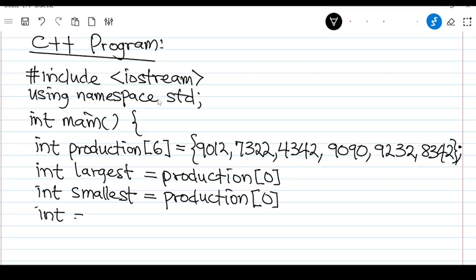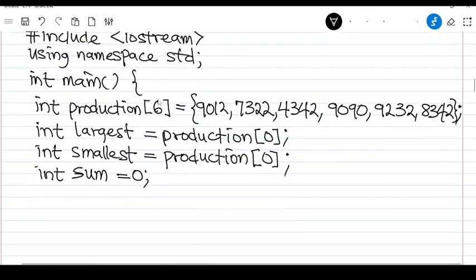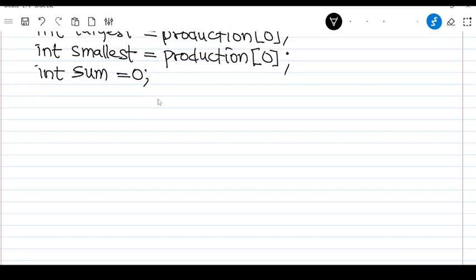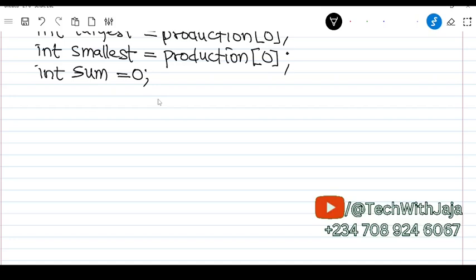The sum is going to start at 0. These are all statements, so we terminate them with semicolons. Okay, so that is the initialization. Then the next we are going to go into the for loop. So we're going to do a for loop here. So we're going to say for.